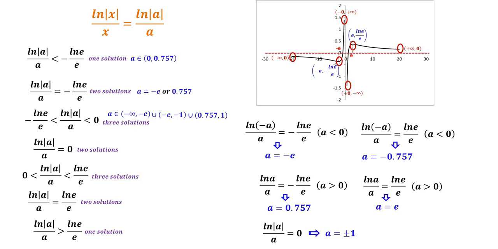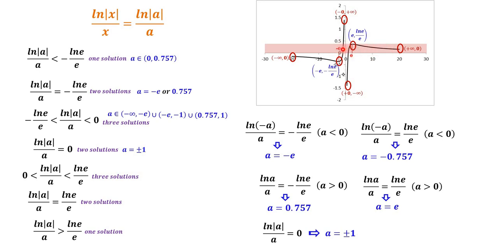Then when ln absolute A over A is equal to 0, so it's this straight line, there are two solutions and the corresponding A value is positive and negative 1. So this is simple. And when ln absolute A over A is in this range, it's greater than 0 and less than ln E over E, in this area, there are also three solutions.